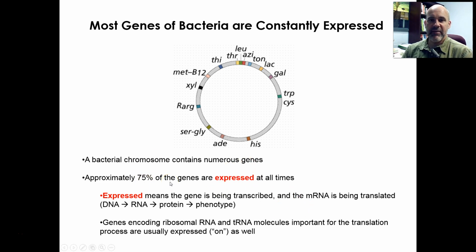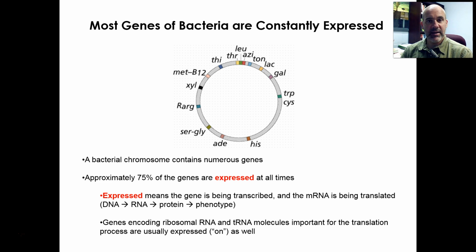Now the other 25% of the genes on a bacterial chromosome code for proteins that only need to be made on occasion, on an as-needed basis. A good example would be these genes we were talking about that are involved in using lactose as a nutrient.